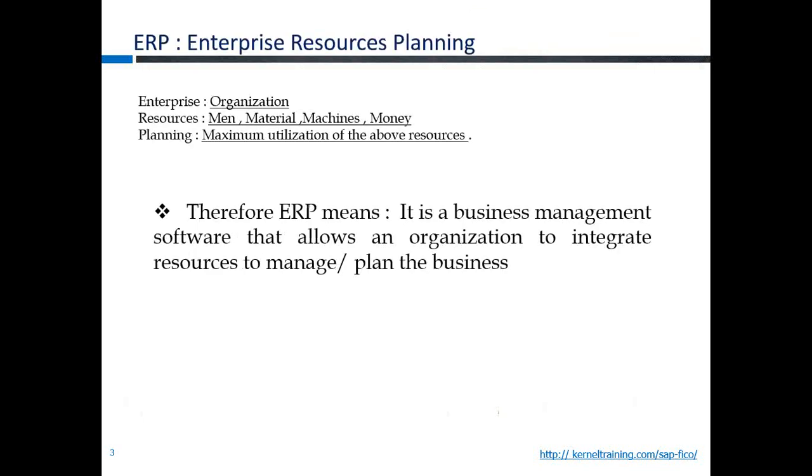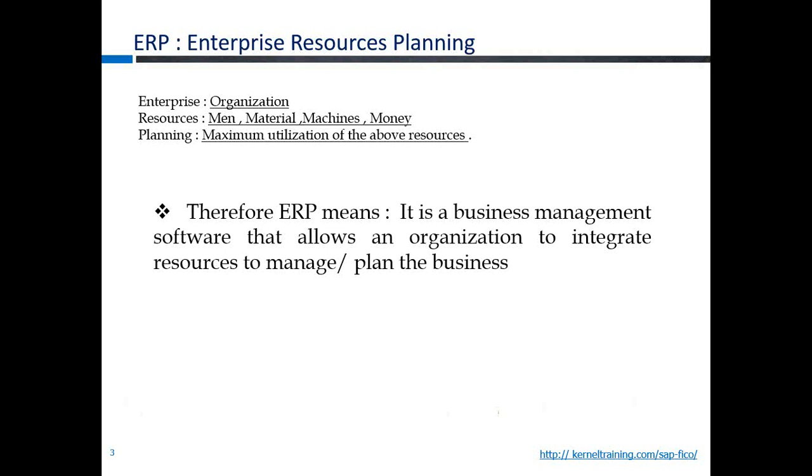So coming to enterprise resource planning, which is called ERP. First, let us see what is meant by enterprise. As you all know, even a layman can understand what is meant by enterprise. It is nothing but an organization. So what is meant by organization?